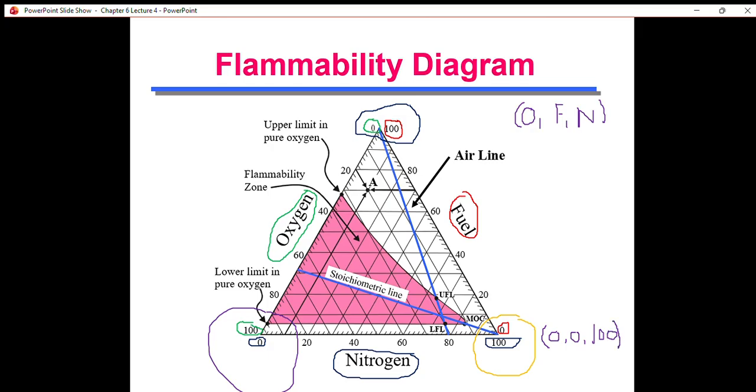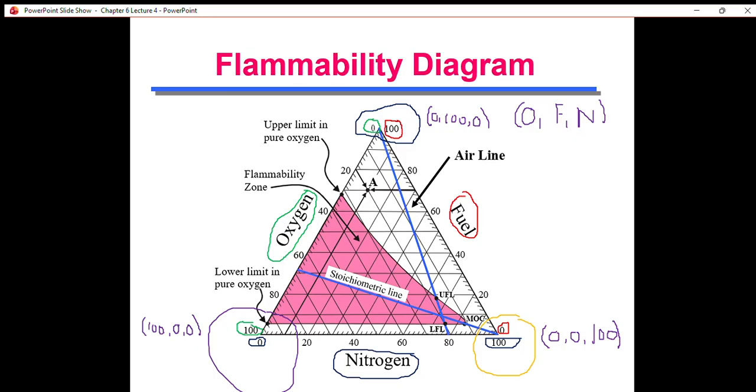Let's go to this point now. The concentration of oxygen is equal to 100, the concentration of fuel equals 0, and the concentration of nitrogen equals 0 as well. Let's go to this point. The concentration of oxygen here is equal to 0, the concentration of fuel is equal to 100, and the concentration of nitrogen is equal to 0.